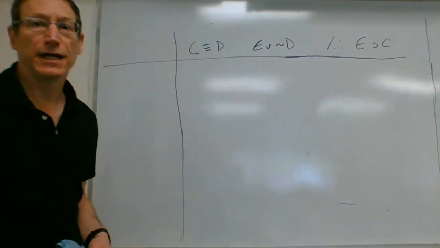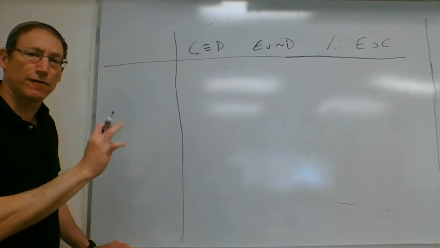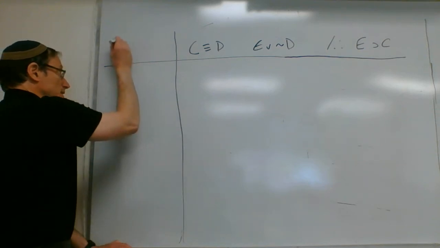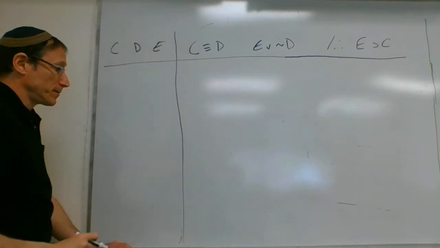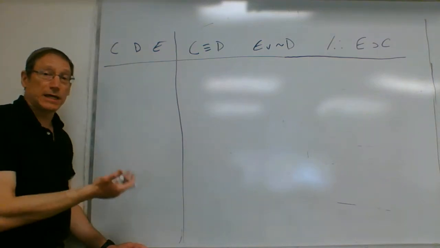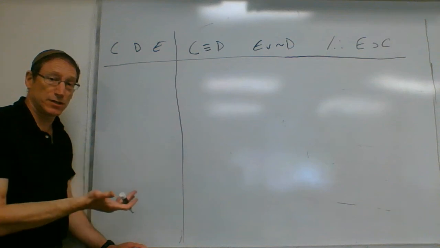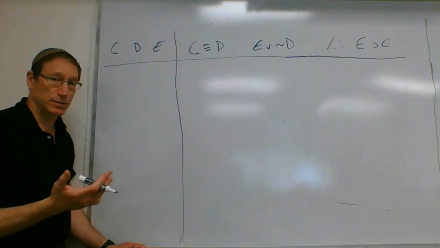Okay, next step, I list the components in alphabetical order, C, D, and E. Now I'm going to have to list all the possible combinations of whether C is true, D is true, D is false, E is true, they're all false, they're all true. There's going to be 8 combinations.